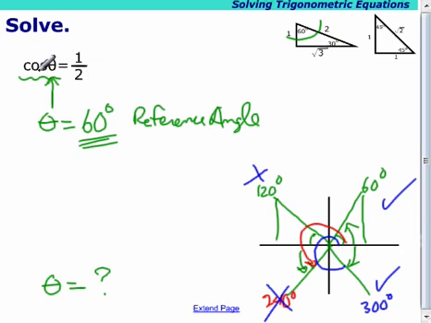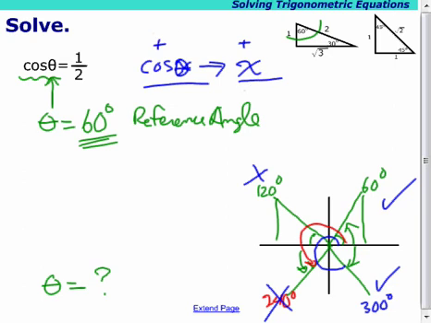And the way I like to look at these is I look at cos and x, or cos theta, and x as being similar. Wherever x is positive, cos will be positive. Wherever x is negative, cos will be negative. So x is positive in quadrant 1 and in quadrant 4.